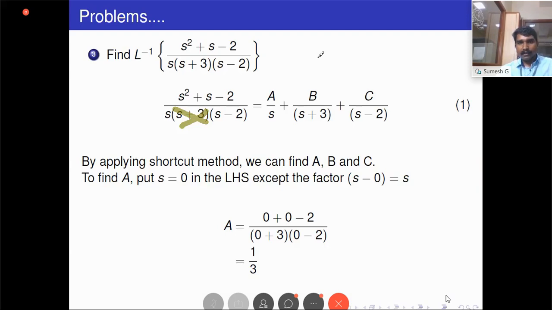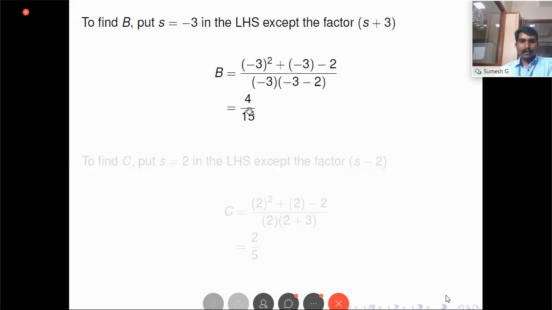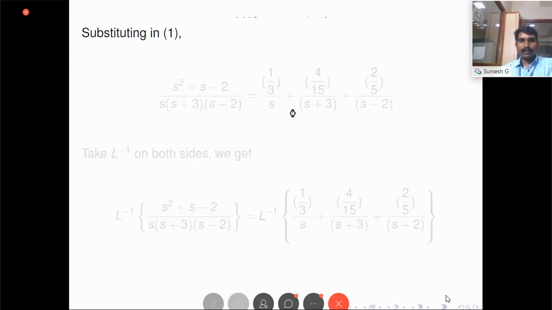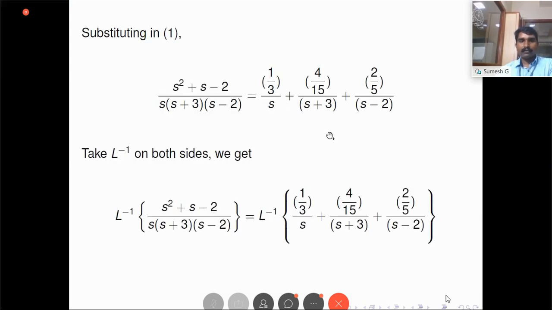Similarly, to find C, we substitute s equal to 2, except the factor s minus 2. We can obtain the values A equal to 1 by 3, B equal to 4 by 15, and C equal to 2 by 4. These can be substituted in equation 1, and we can find the corresponding inverse directly.